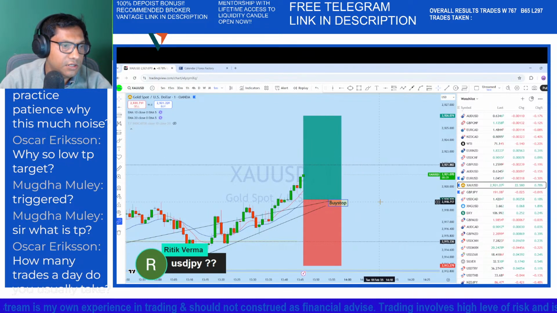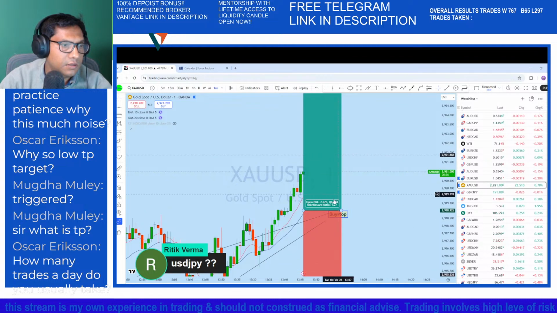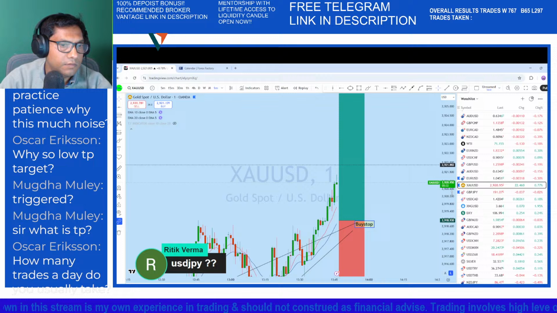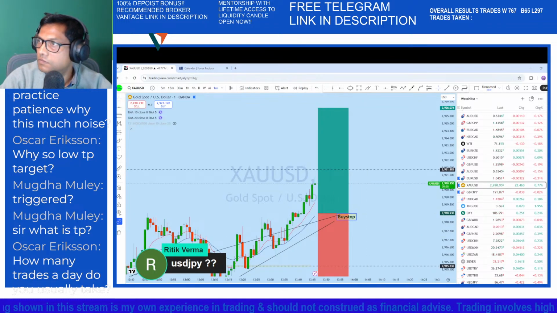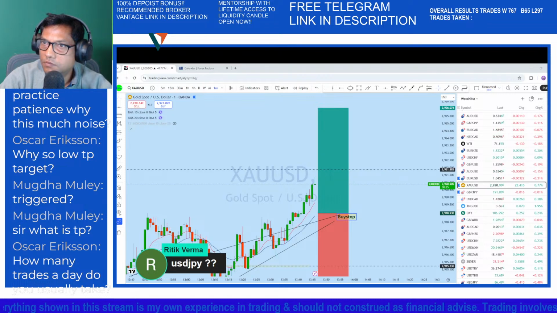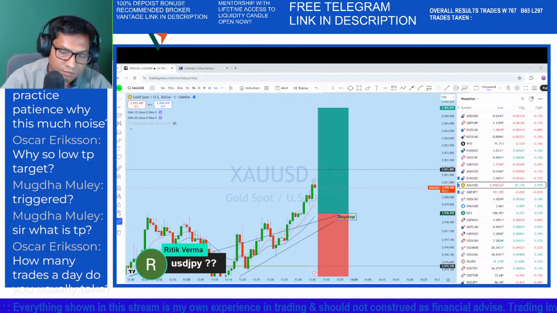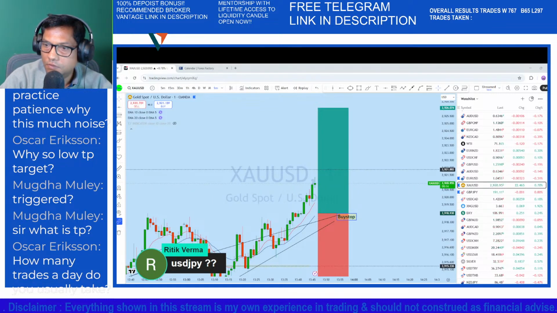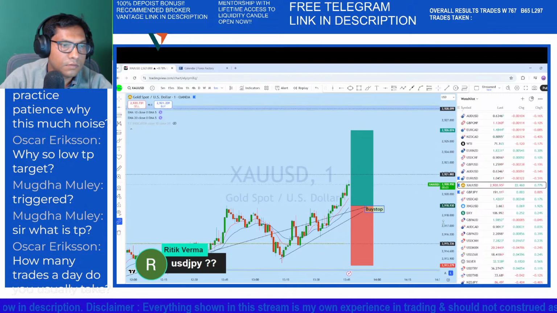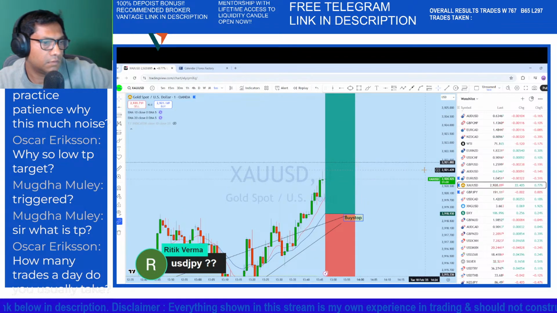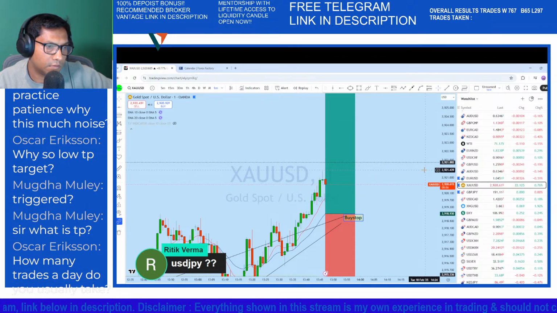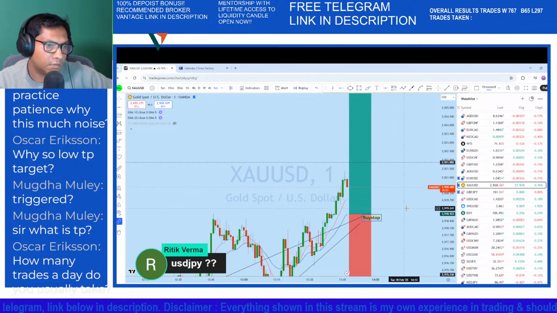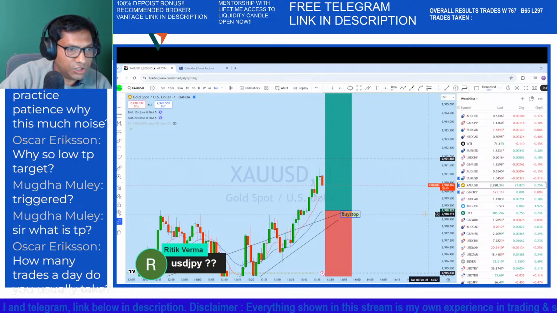Right, so moving in the direction. There's a doji formation.